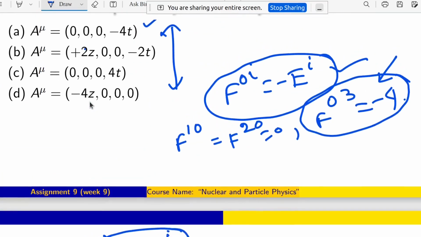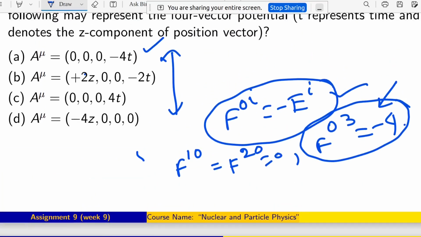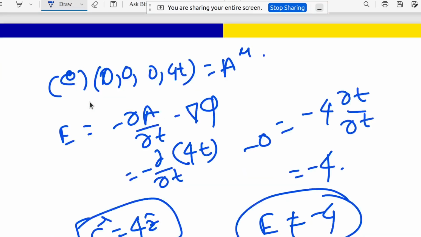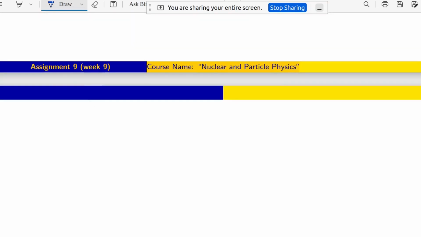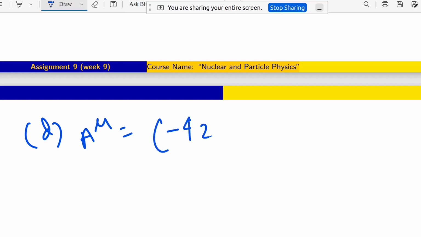Now coming to the fourth option, minus 4z, 0, 0, 0. A mu is minus 4z, 0, 0, 0. So what is E here?